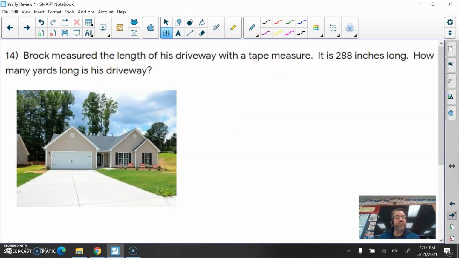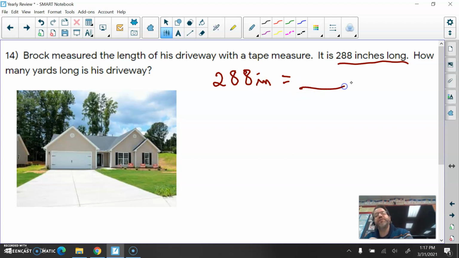Okay, number 14. Brock measured the length of his driveway with a tape measure. It is 288 inches long. How many yards long is his driveway? So all I need to do here is take 288 inches, convert it into yards.